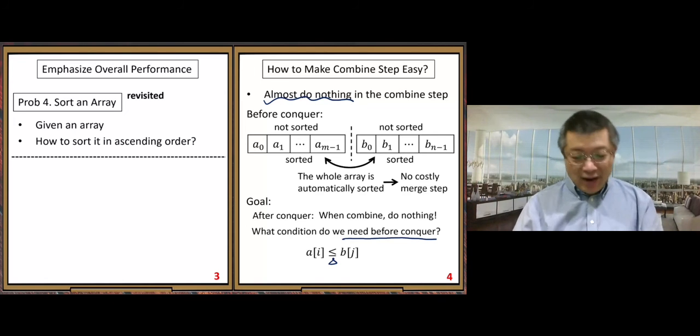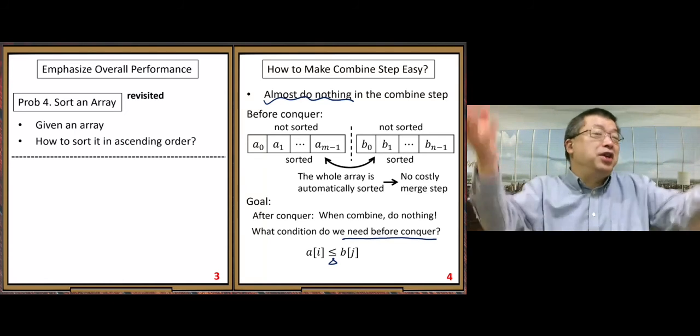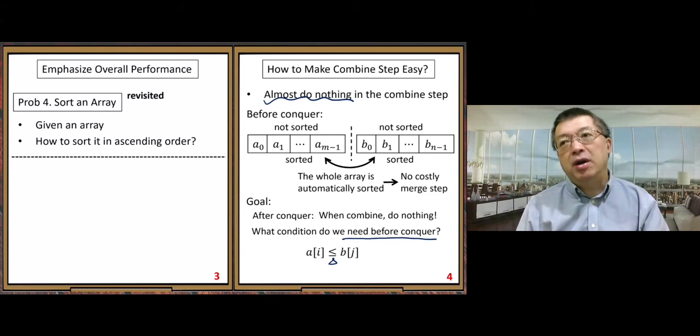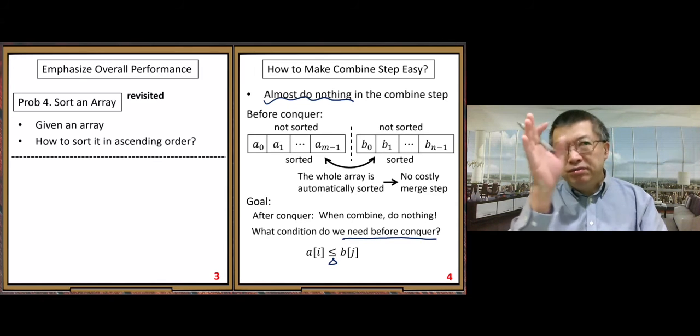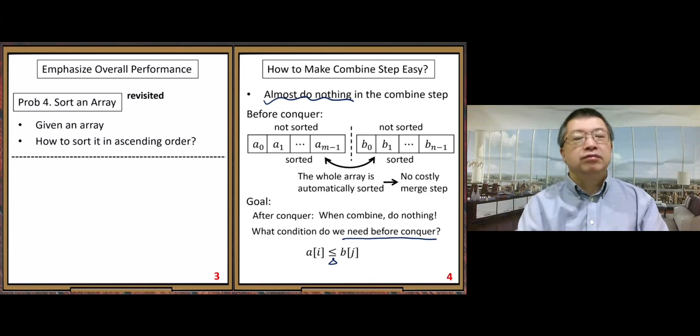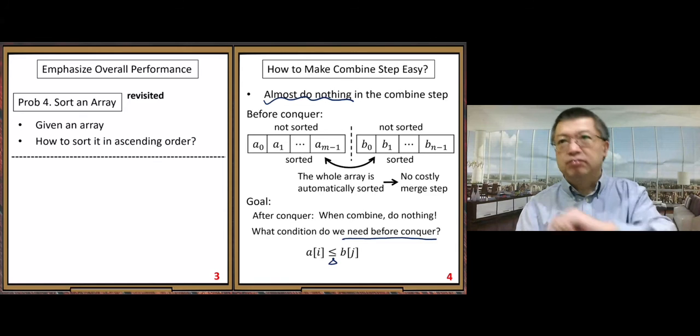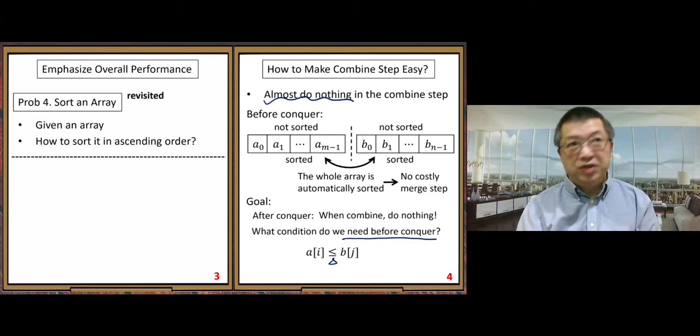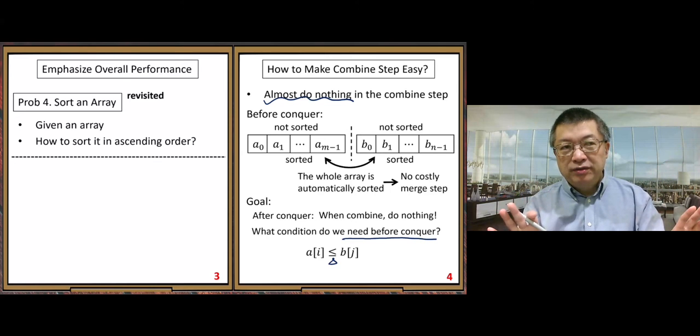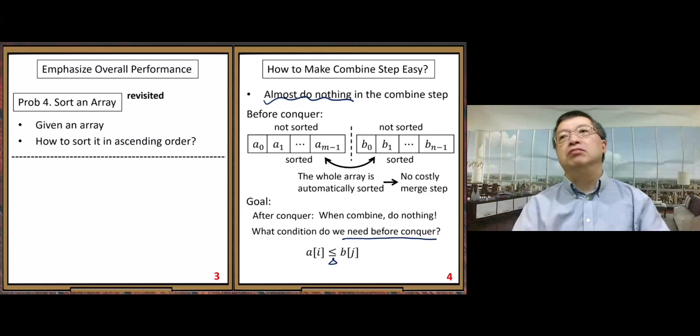But how to make that happen? That's another issue. That's the hard part of Quicksort. That is the hardest step we need to conquer in this problem. We will see that. For the remaining part of the lecture, we will solve that problem.